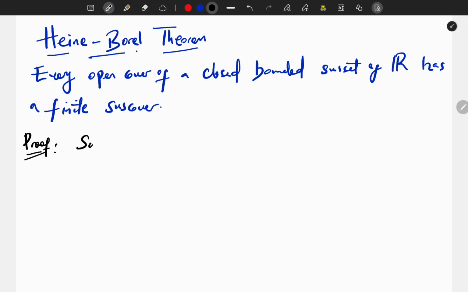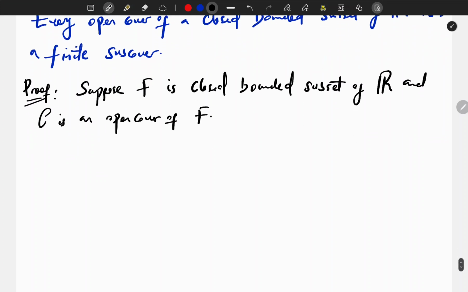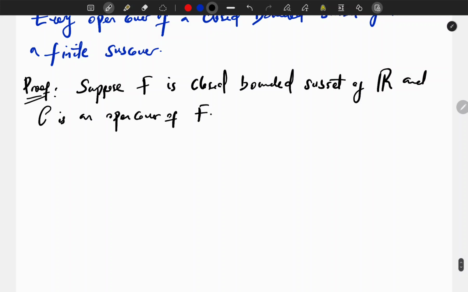So first, suppose F is a closed bounded subset of R, and then we have C to be an open cover of F. We want to prove that this open cover has a finite subcover.